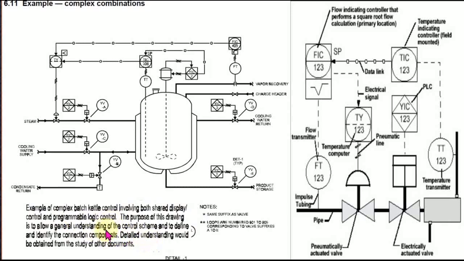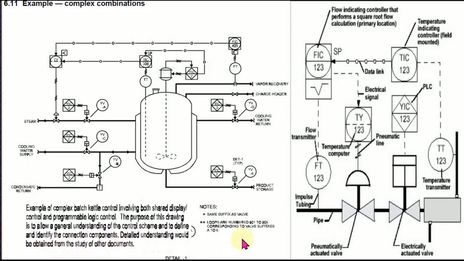PLC has a lot of applications on board ship. The purpose of this drawing is to allow a general understanding of the control scheme and to define and identify the connection components. Detailed understanding would be obtained from the study of the other documents.